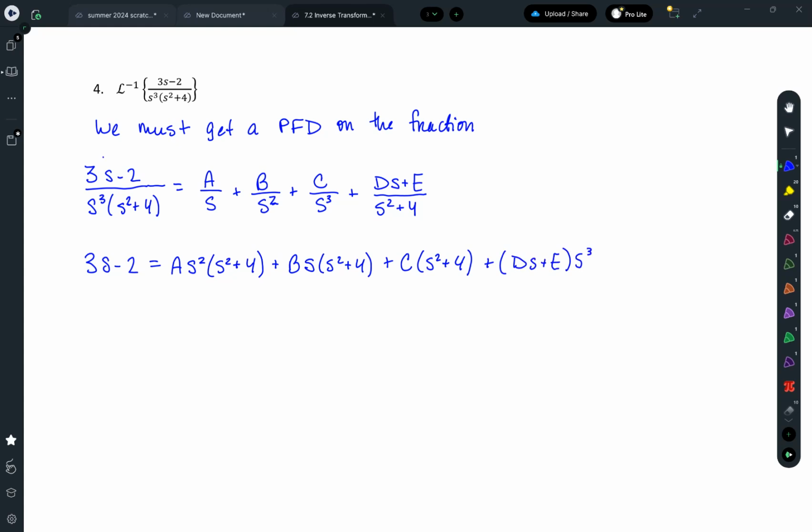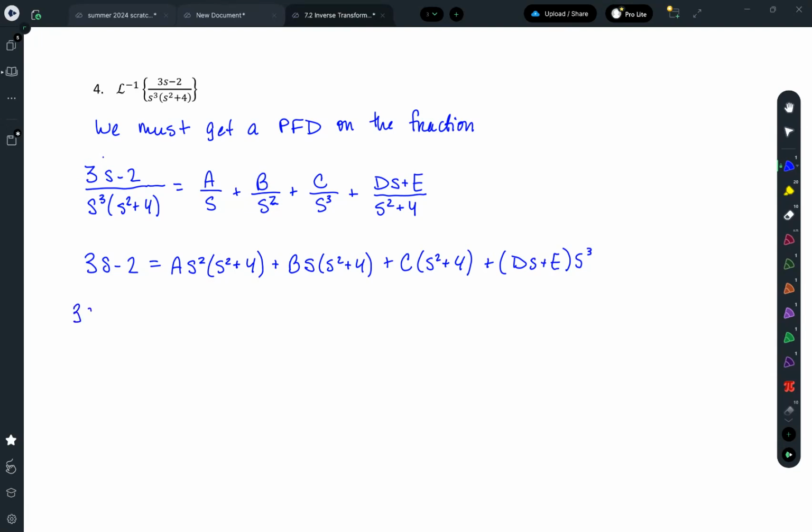Okay, now I have to multiply this all out, and then I have to equate coefficients. So this equating coefficients thing comes up over and over again in this class. All right, I'm going to multiply everything out very carefully first.